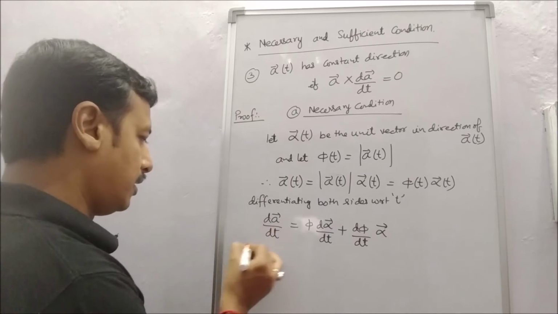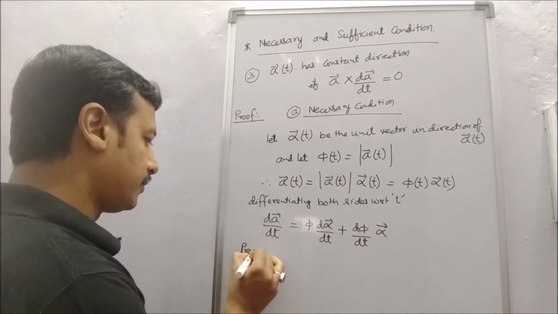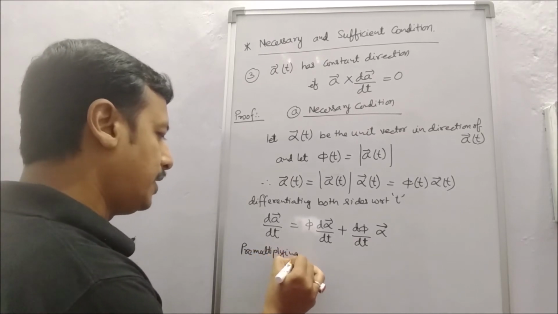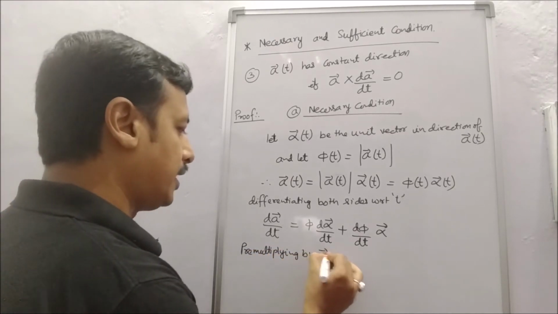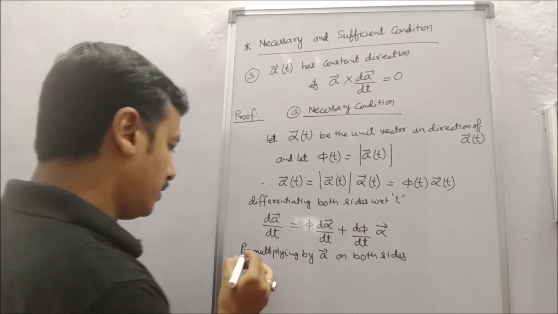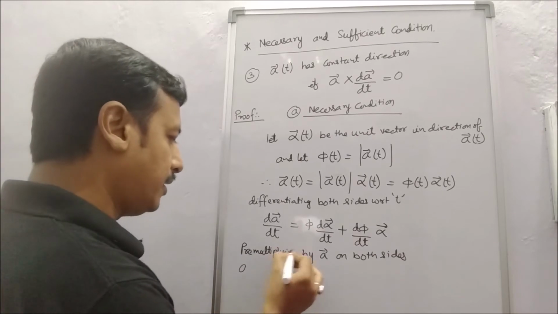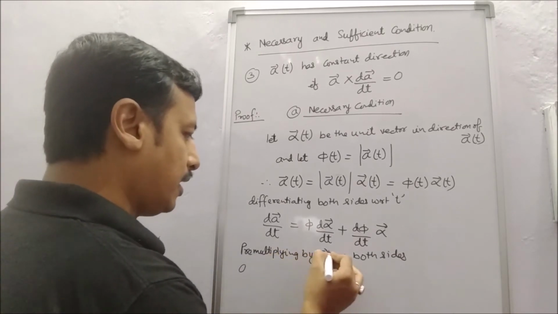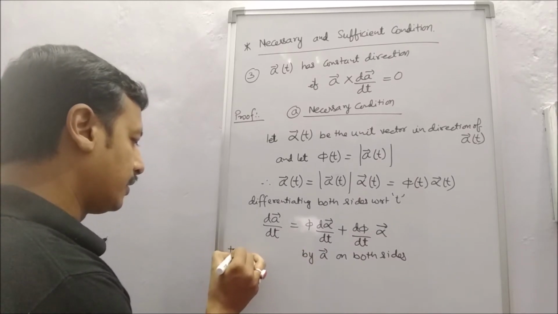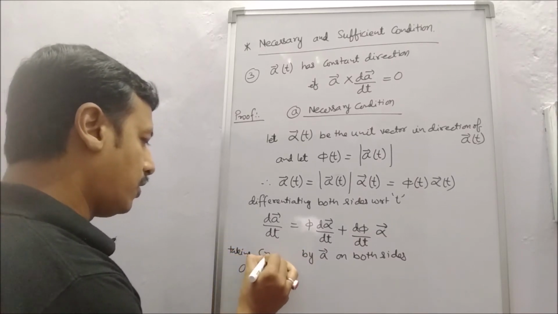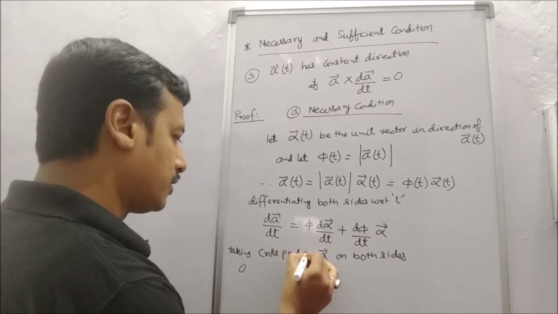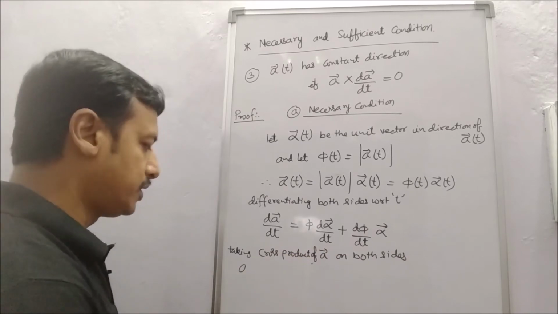Next, pre-multiplying by vector A on both sides, that is taking the cross product of vector A on both sides.